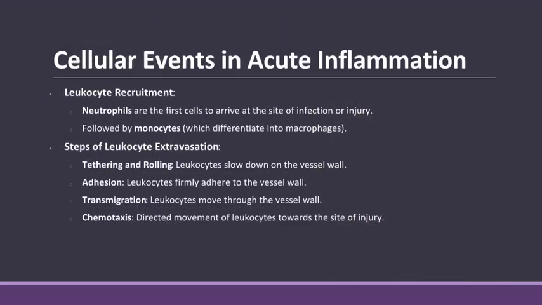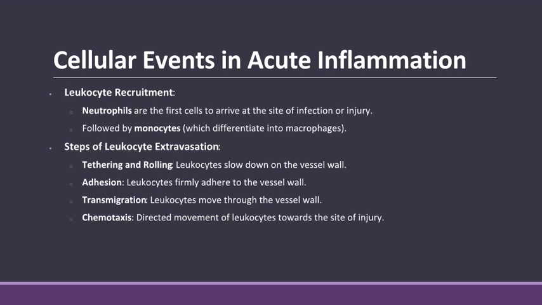Leukocyte recruitment is a key cellular event in acute inflammation. Neutrophils are the first responders, followed by monocytes, which later differentiate into macrophages. The process of leukocyte extravasation involves several steps. First, tethering and rolling slow the leukocytes. Then adhesion firmly anchors them to the vessel wall.